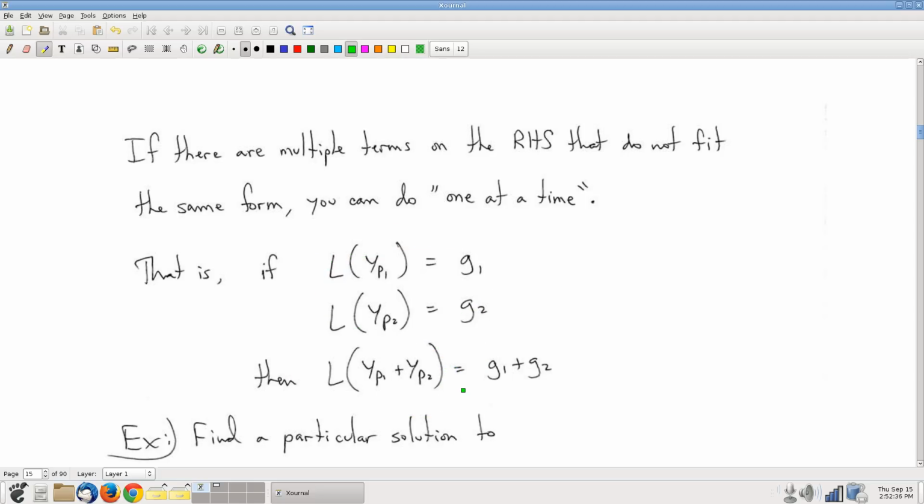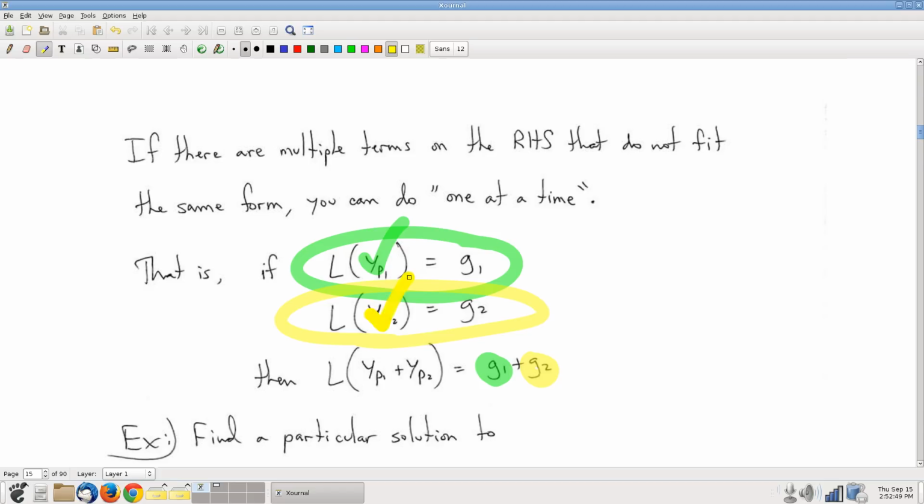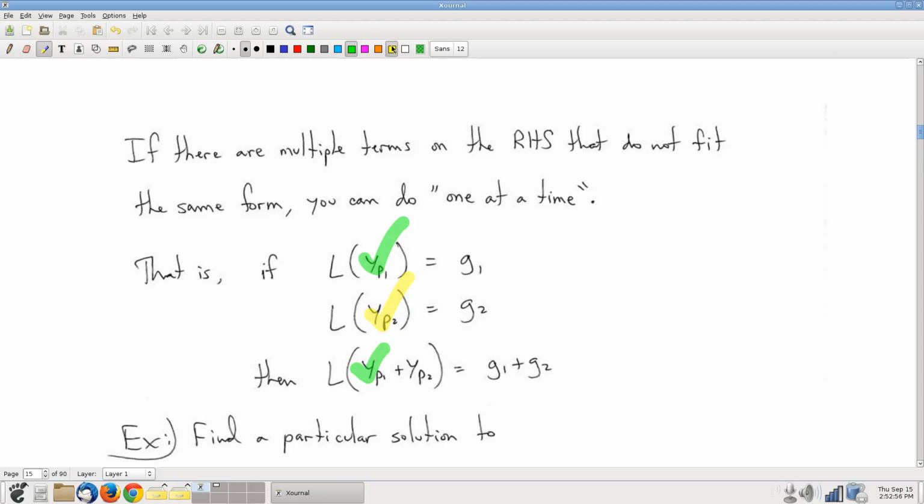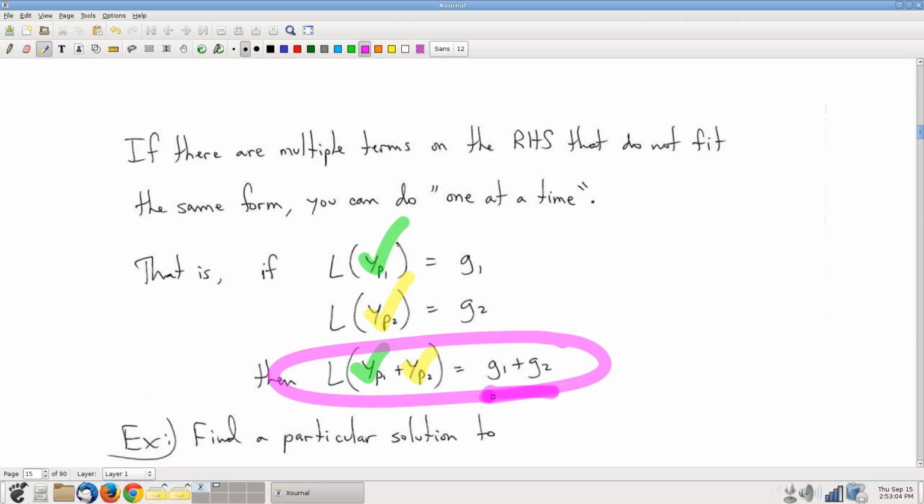But the punchline is that if you look at these terms one at a time and find the forms for their particular solutions, second one now, write down the form for its particular solution. If you add those together, that will be the correct form for the particular solution for these terms together.